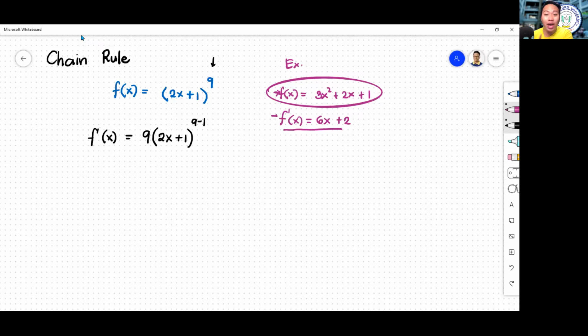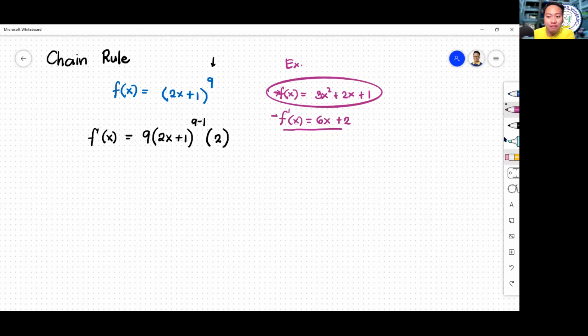After that, this is where the chain rule happens. We're gonna multiply this whole thing here by the derivative of the terms inside the parentheses. So what do you think is the derivative of 2x plus 1? The answer is simply 2. And then you just have to simplify this.